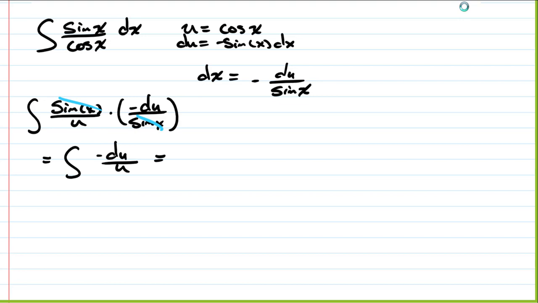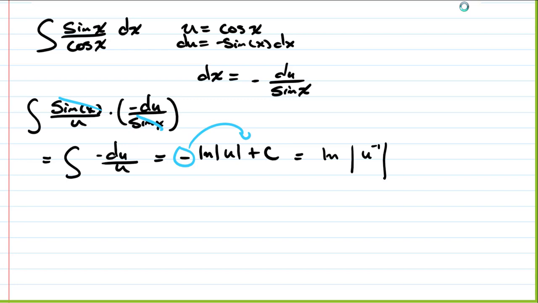Well, 1 over u du is the natural logarithm, so that's the negative natural log of the absolute value of u plus c. Pulling our minus sign in as an exponent gives us the natural logarithm of the absolute value of u to the negative 1 plus c.